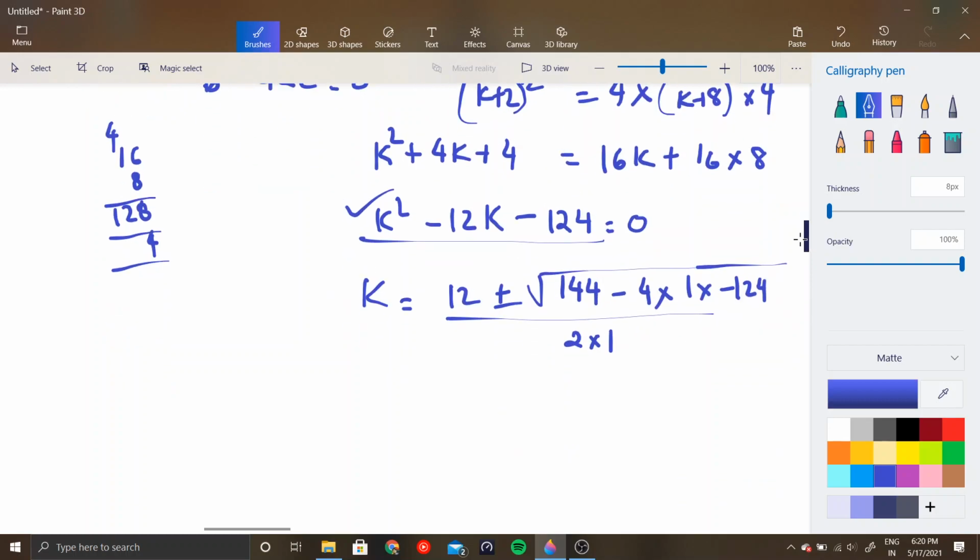Correct? Okay. So what's this? 124 into 4 is basically 496. 496 plus 144 results in 640 plus minus 12 by 2. So this is basically equal to k, right?